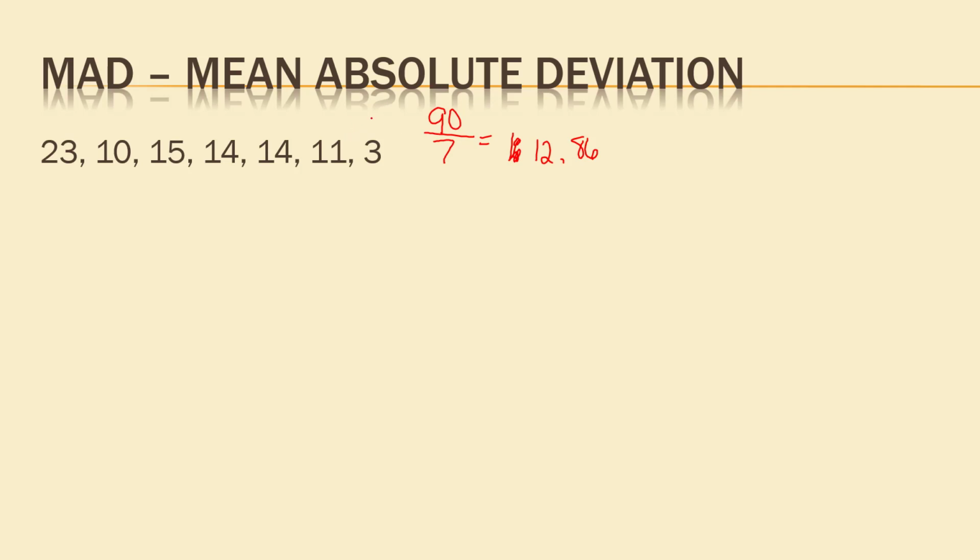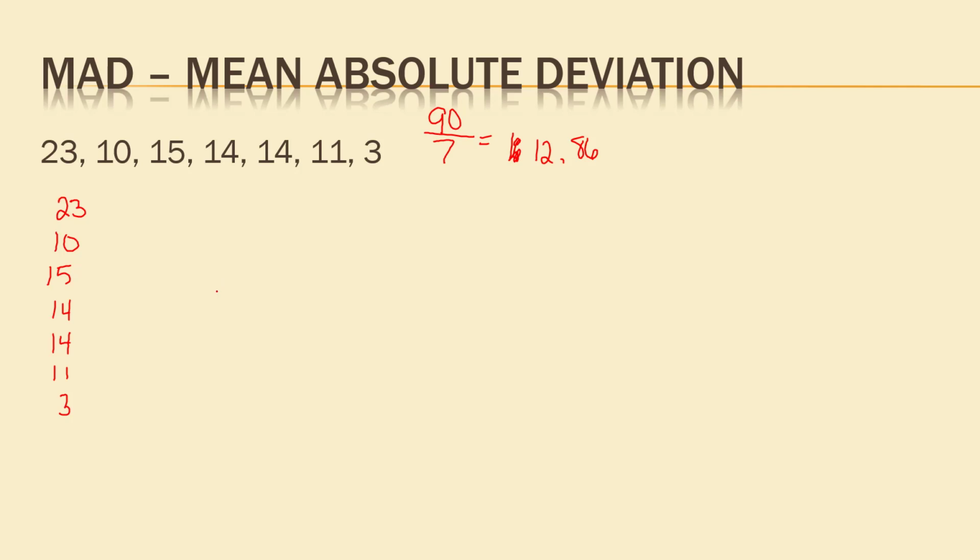Now, for calculating mean absolute deviation, I highly recommend that you take all of these numbers that are written horizontally and write them vertically. So 23, 10, 15, 14, 14, 11, and 3.